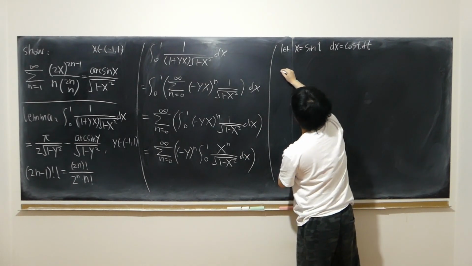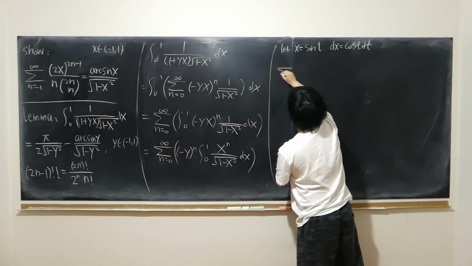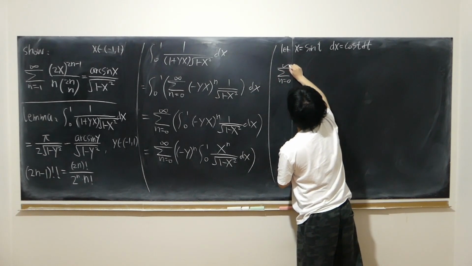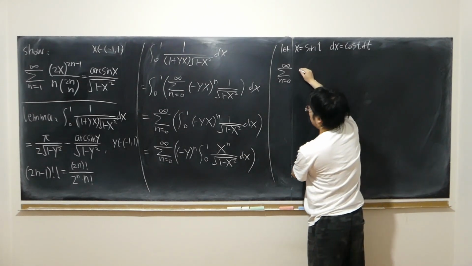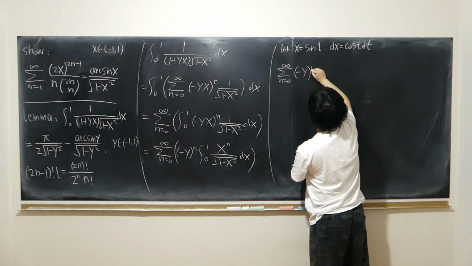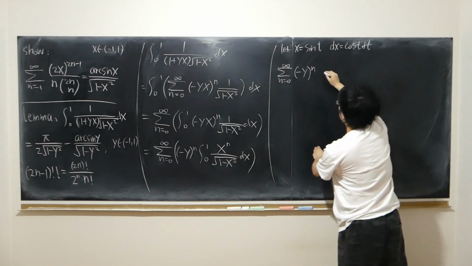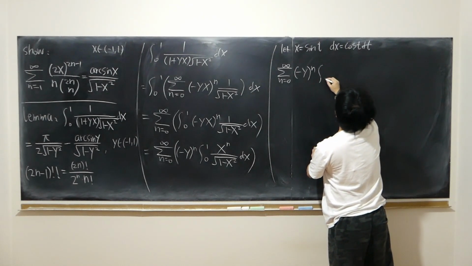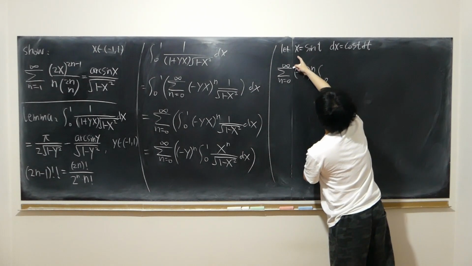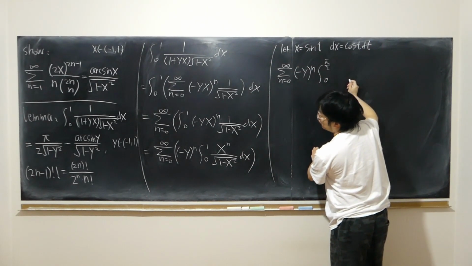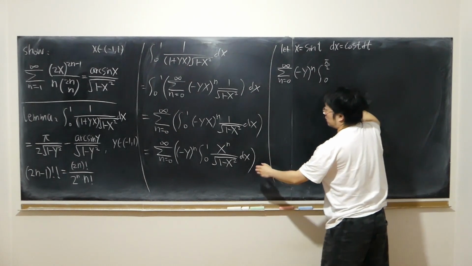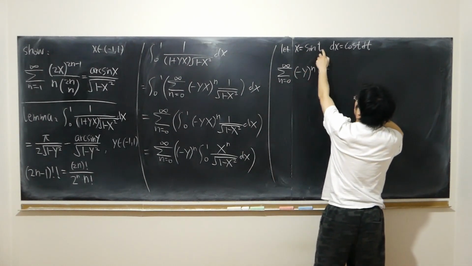And this becomes the sum n from 0 to infinity of negative 1 to the n, integral from 0 to half pi, because when x is equal to 1, t must be half pi.